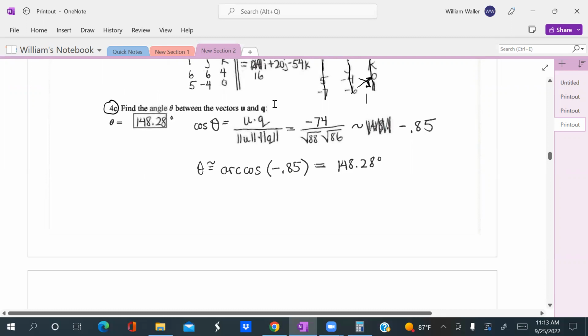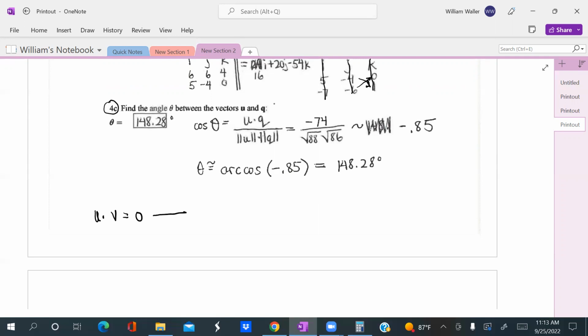One important thing to remember, that we've mentioned a few times, is that if you compute the dot product of two vectors and that turns out to be 0, that means the two vectors are perpendicular.